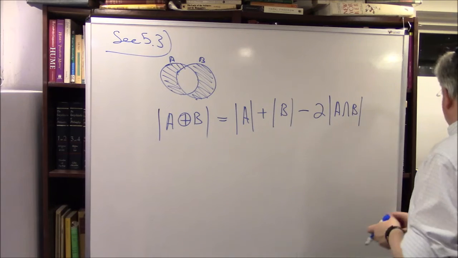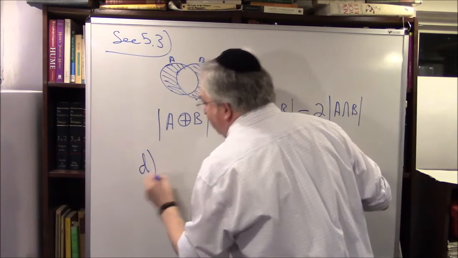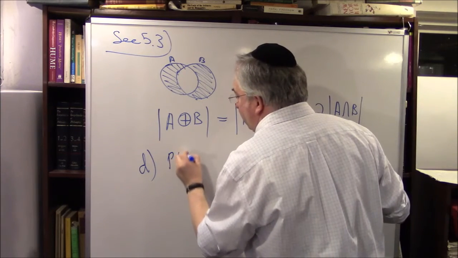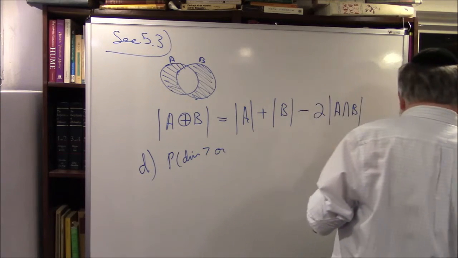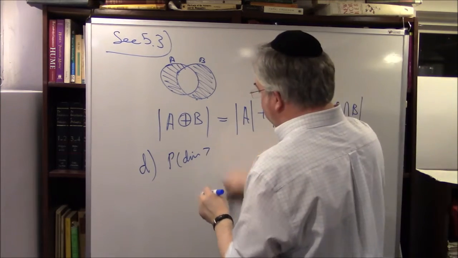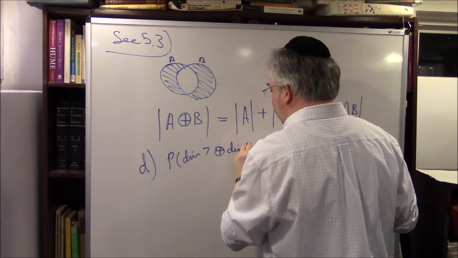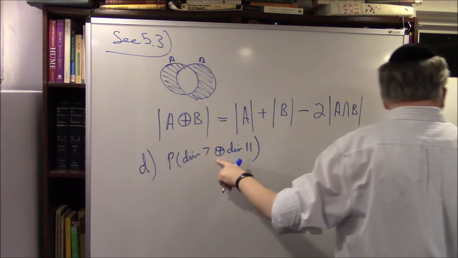Okay, now we can use the same thing for part D of number 3. Probability of divisible by 7, or, I'm going to write or as plus, symmetric difference, or divisible by 11, but not both. Okay?